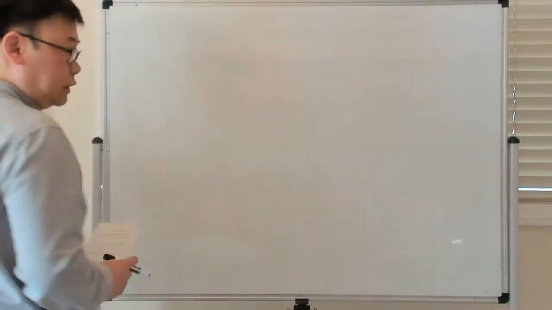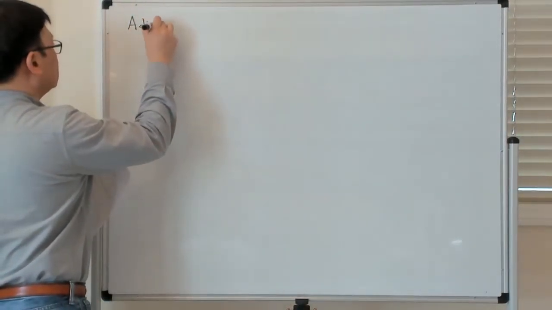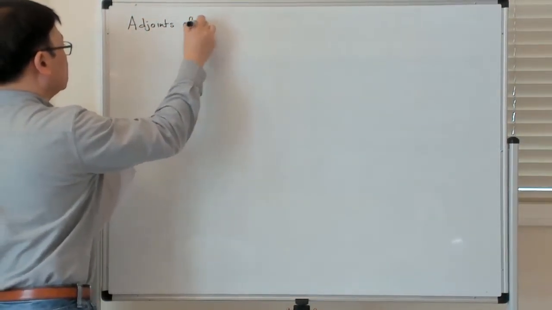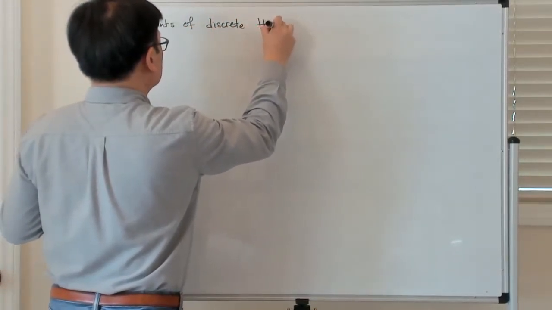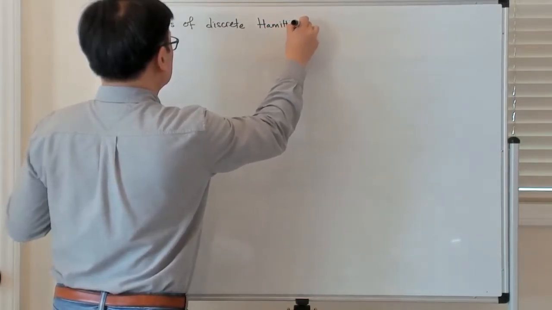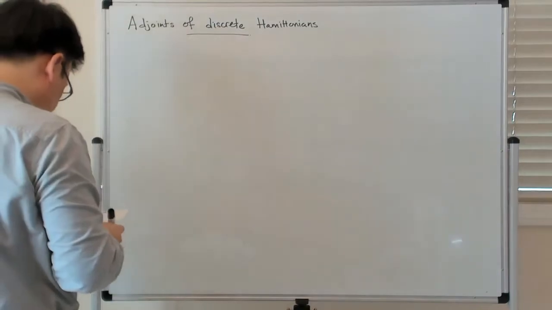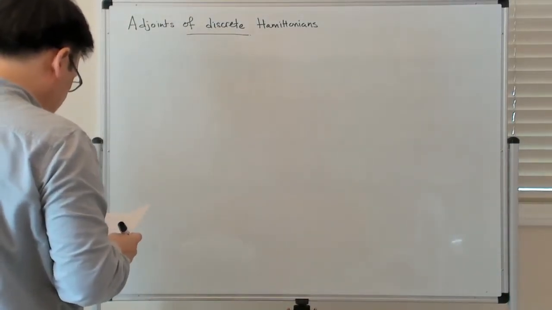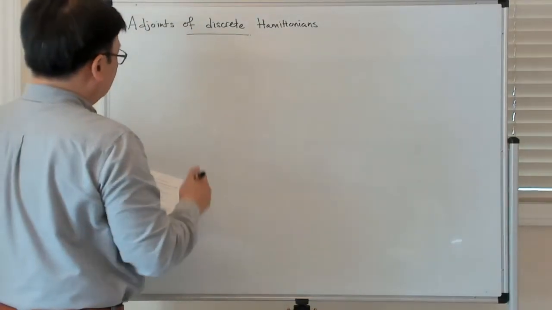All right, so now we're going to talk about adjoints of discrete Hamiltonians. And let me just remind you that this comes from the definition of the adjoint.